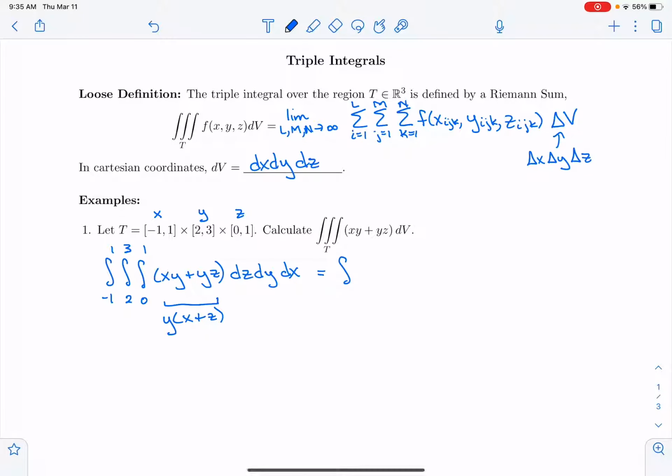We can write this as the integral from 2 to 3 of y dy, and then that's times the double integral from, say, -1 to 1 in x and 0 to 1 in z of x plus z dz dx.